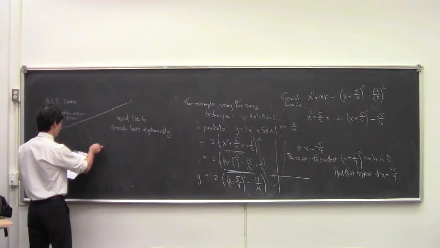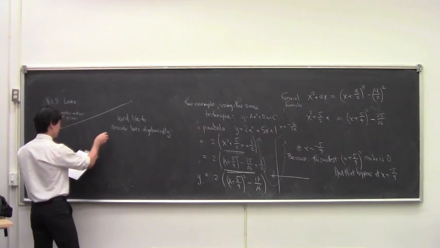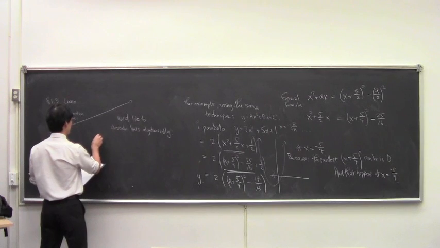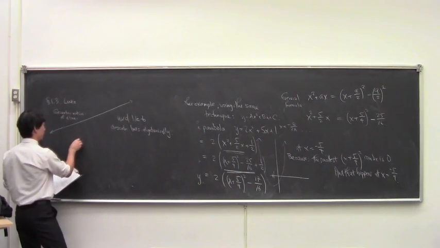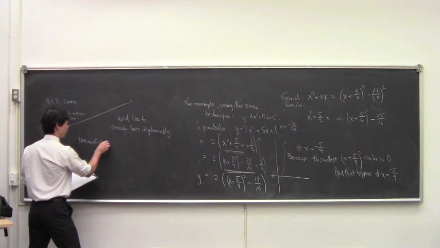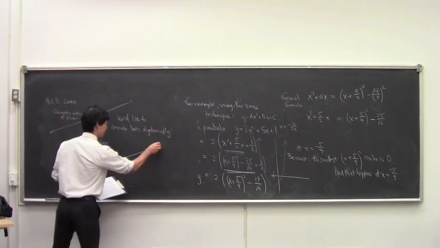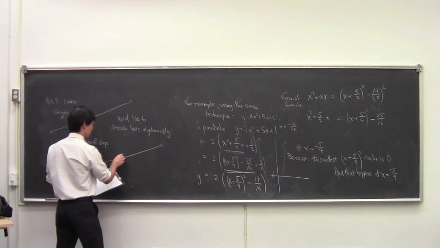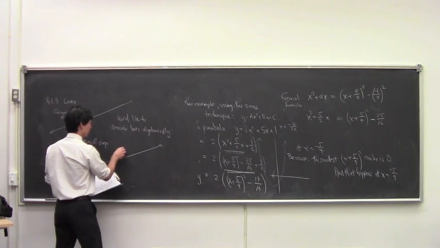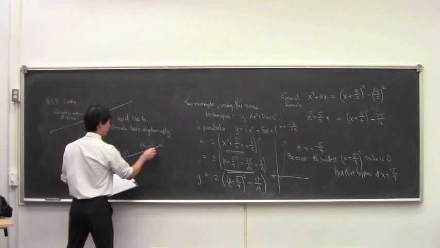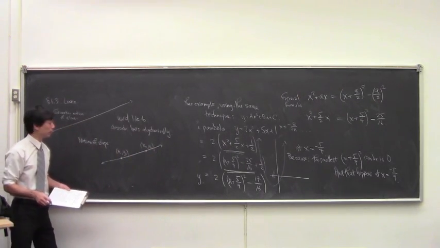Okay. So the first thing we can do is define the notion of slope. Suppose you have these 2 points, x1, y1 and x2, y2, on the line.